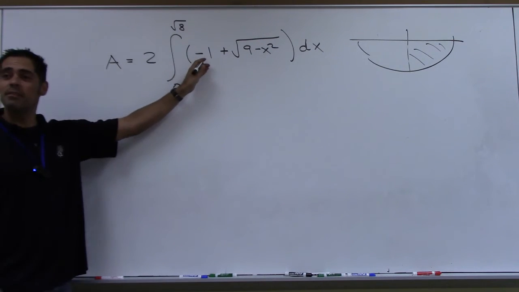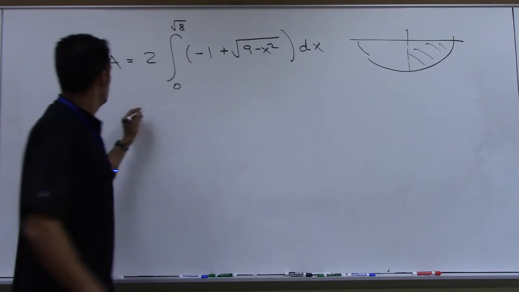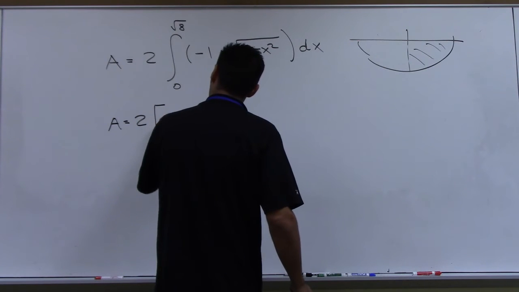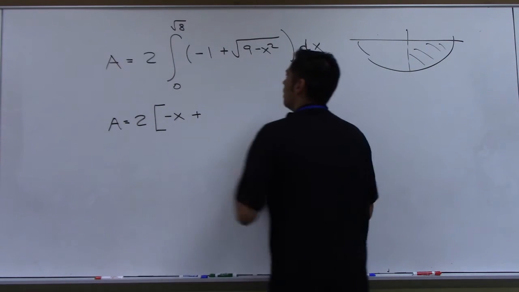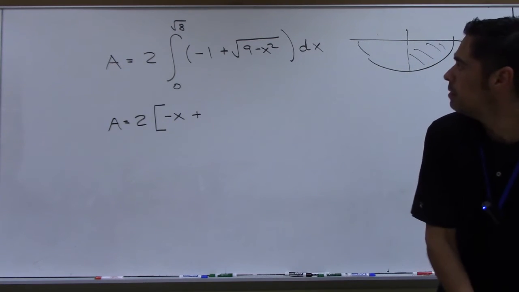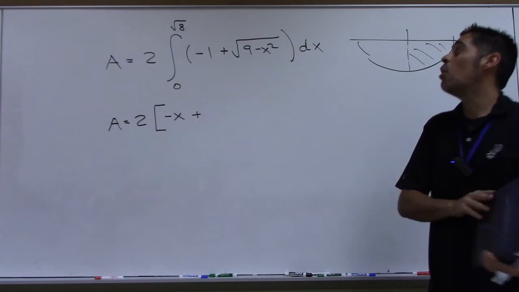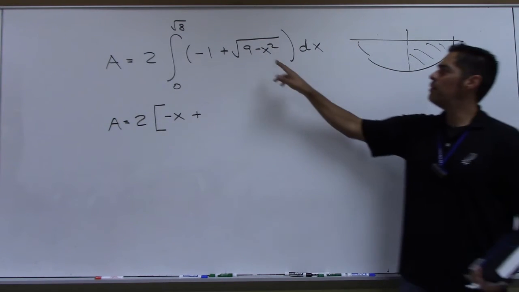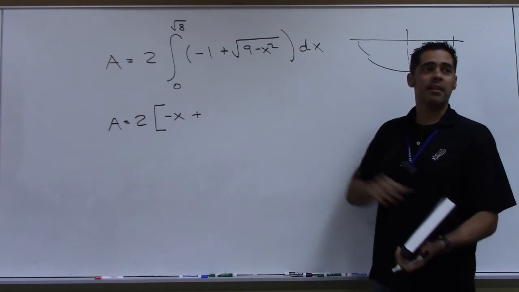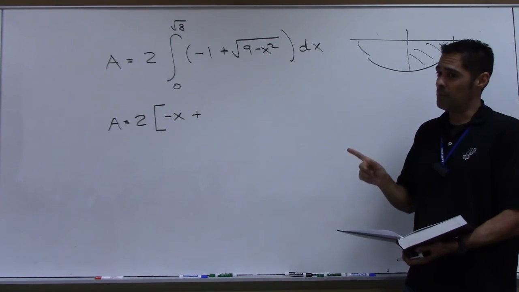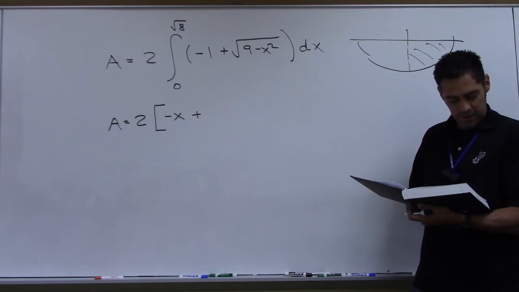The antiderivative of negative 1 is negative x. So the area equals 2 times, let's see, negative x plus, how about this? What's that? Close. If it was 1 over that, it would be. Do we have a formula for something that looks like a squared minus x squared? It's a trig sub for sure, but is it on our formula sheet?